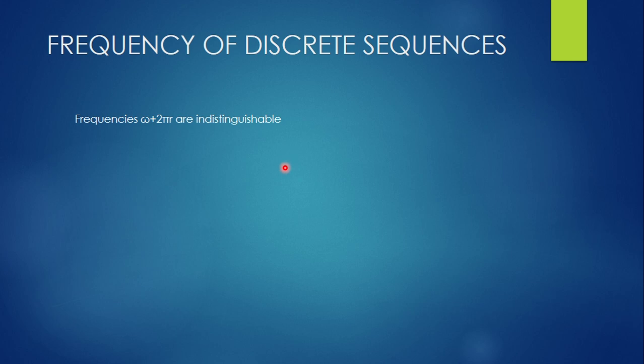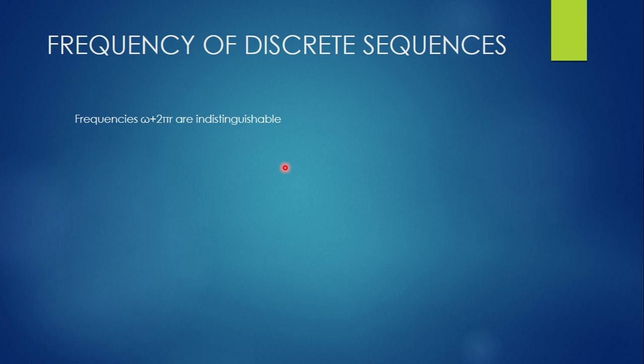Suppose we have a discrete signal of frequency 2 pi. We will have another sequence of frequency 4 pi. Both will be the same sequence, indistinguishable. Suppose next we have 6 pi, 8 pi, something like that.